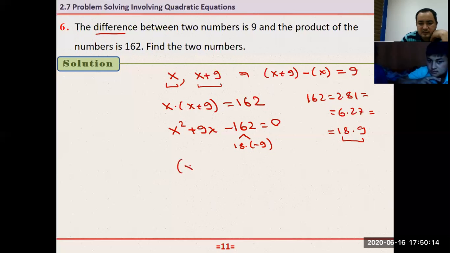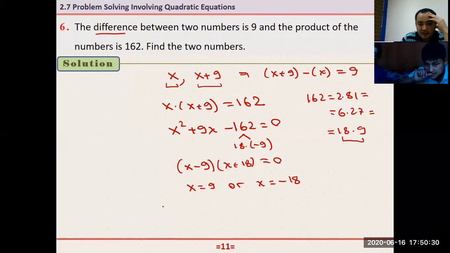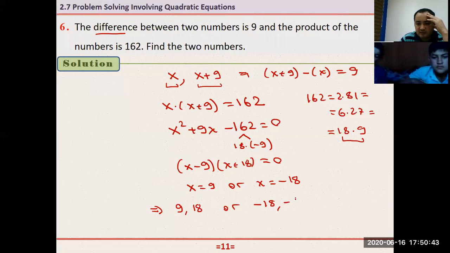So I can factorize it as (x minus 9)(x plus 18) is equal to 0. And here we have x equals 9 or x equals minus 18. If I substitute the possible answers, the first number is 9, the second number is 18. Or the first number is minus 18 and the second is minus 9.